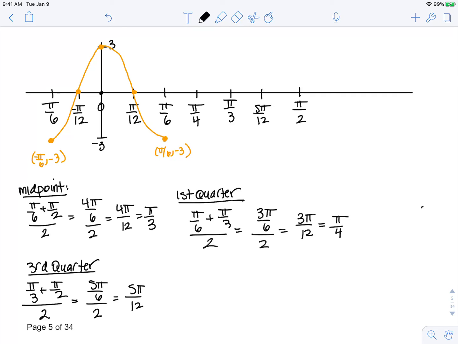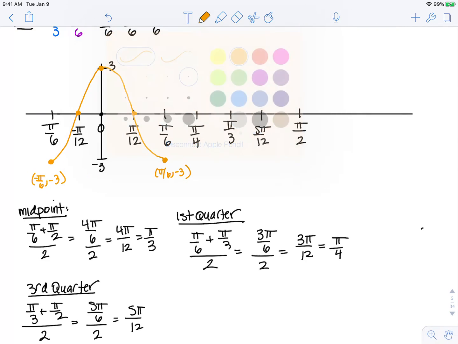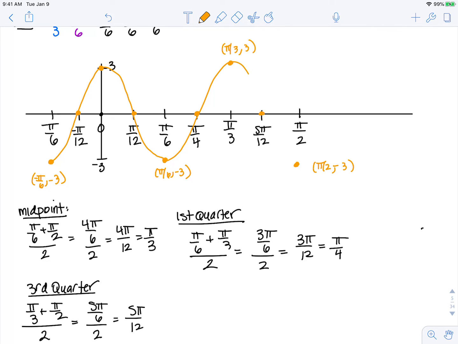And remember, we can now sketch our curve following the same pattern. I'm going to come up to my 0 here to a maximum value of pi over 3, 3, back down to a 0, and back down here to pi over 2, negative 3. And this is the second period of that cosine curve.